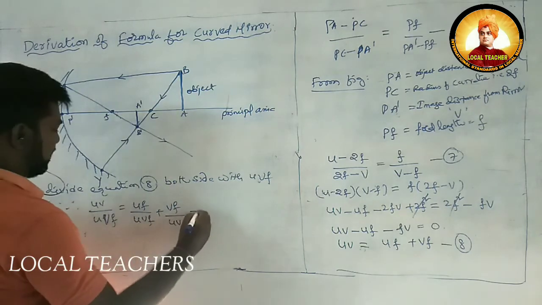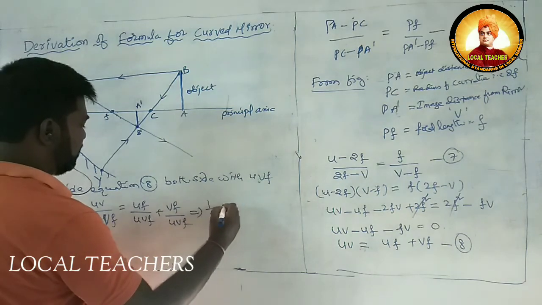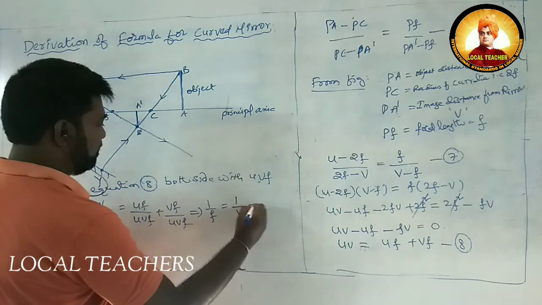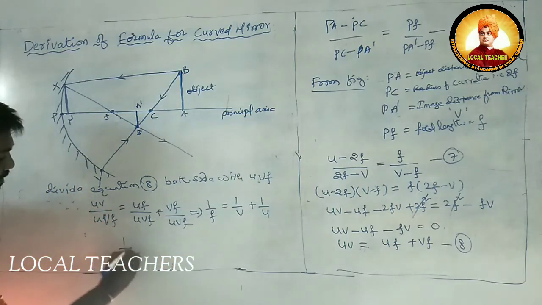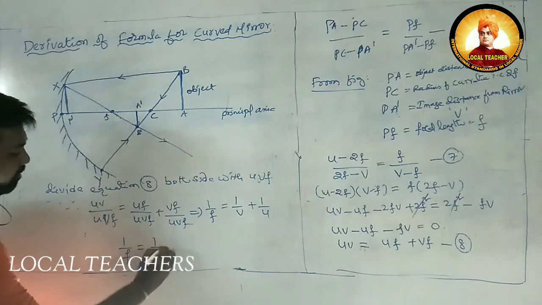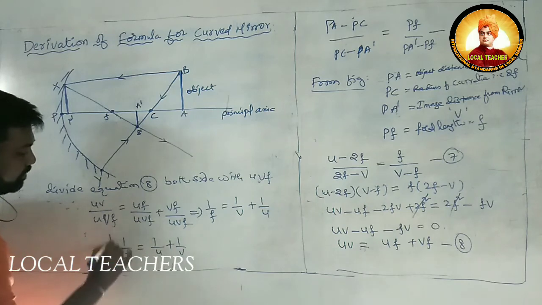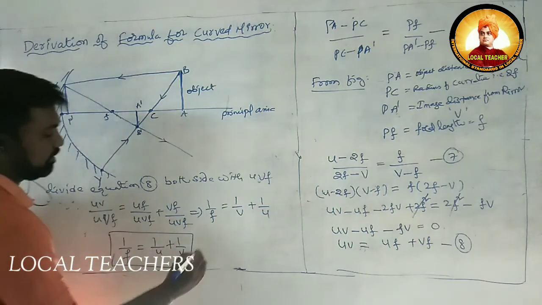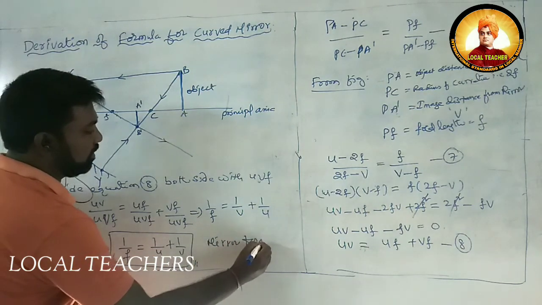So this we can write as 1 by f equals 1 by v plus 1 by u, that is 1 by f equals 1 by u plus 1 by v. This formula is called the mirror formula.